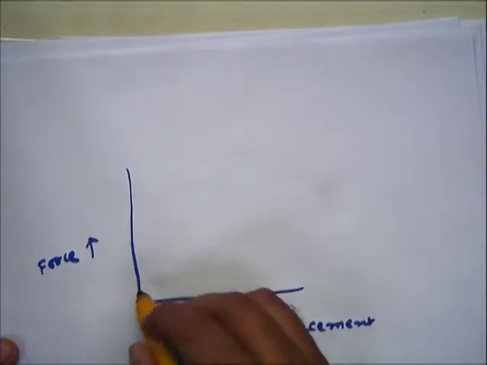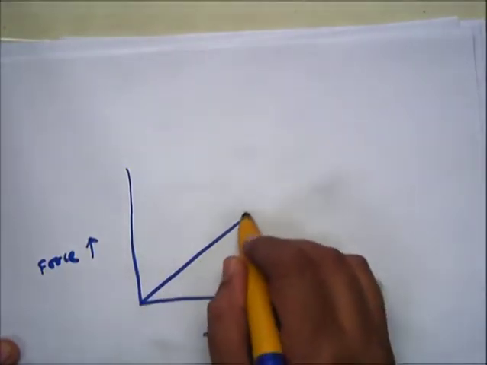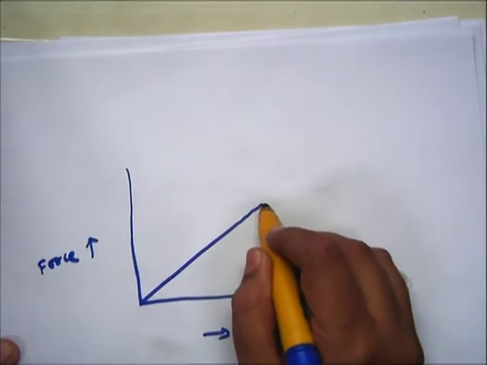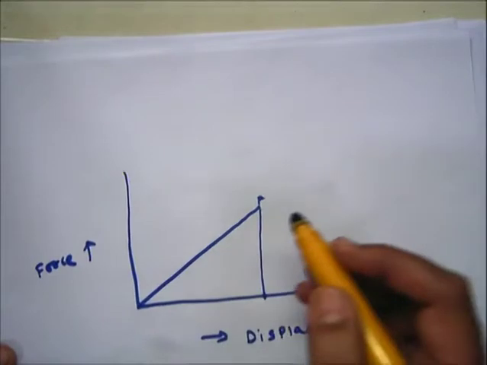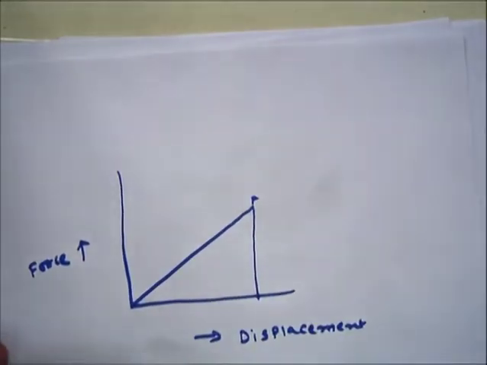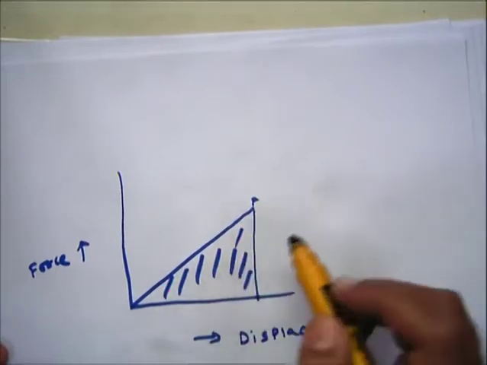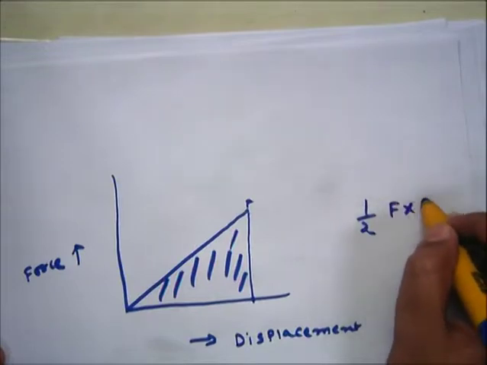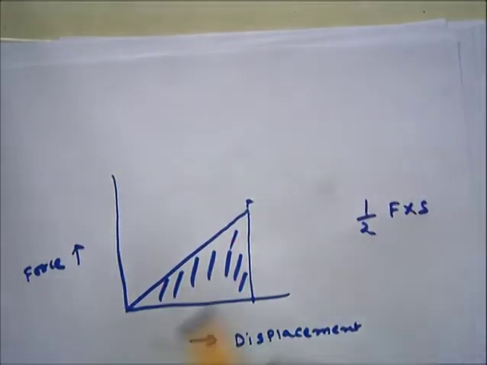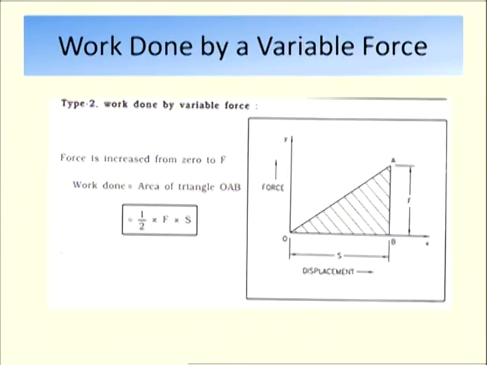Suppose initially the force is equal to 0 and it reaches up to a maximum F, and displacement is in this direction. So what is the work done? It is nothing but the area of this graph, which is 1/2 F into S. So work done is equal to 1/2 F into S. You can see it very clearly in this slide.